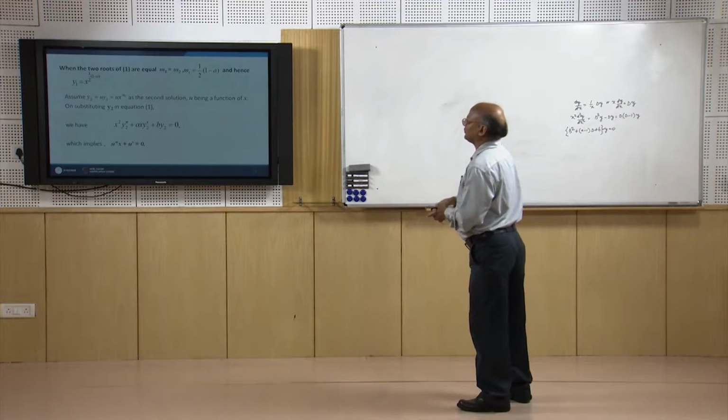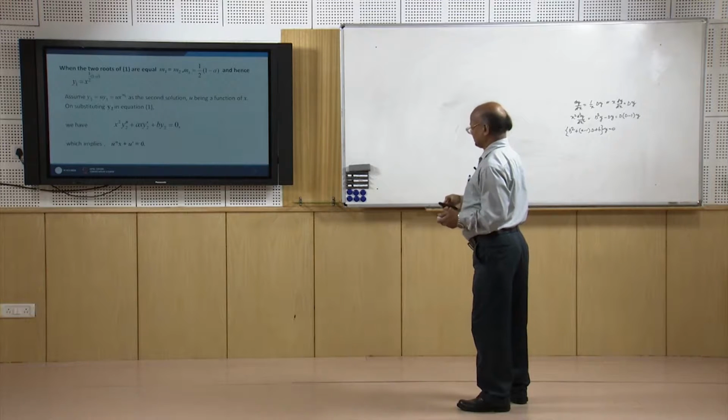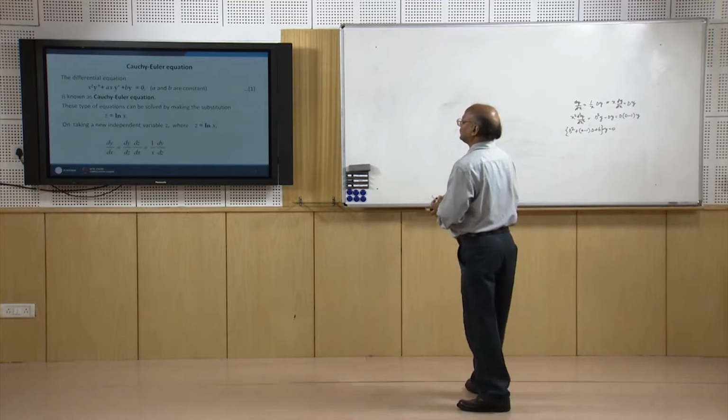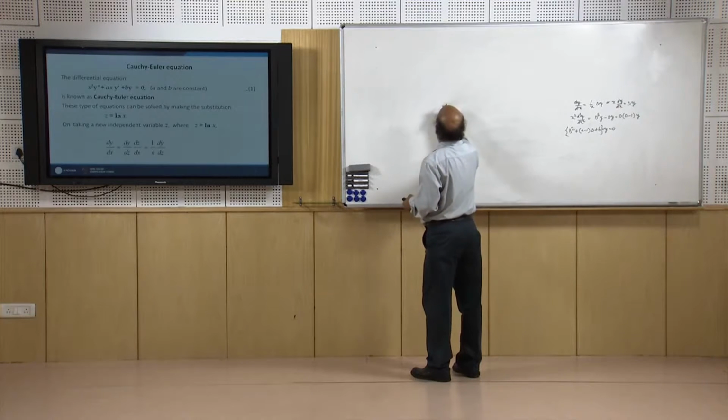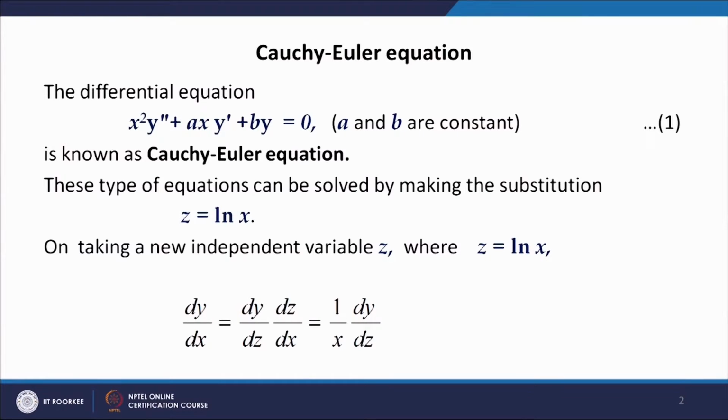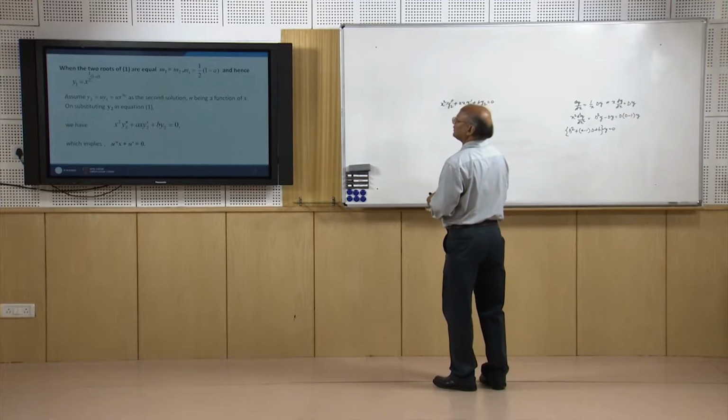Okay, so our differential equation is x squared y2 double dash plus a x y2 dash plus b y2 equal to 0, and we have assumed y2 equal to u times y1.